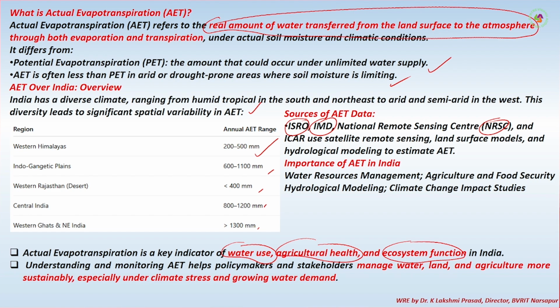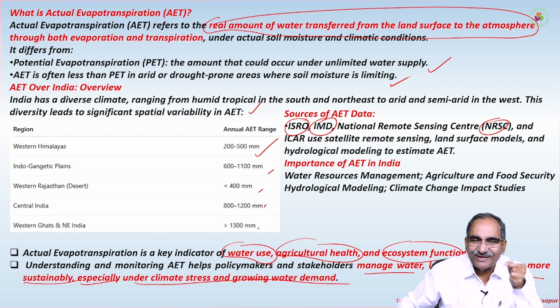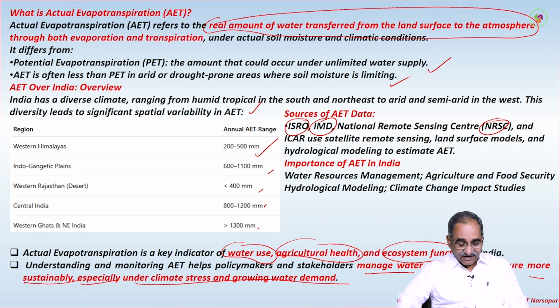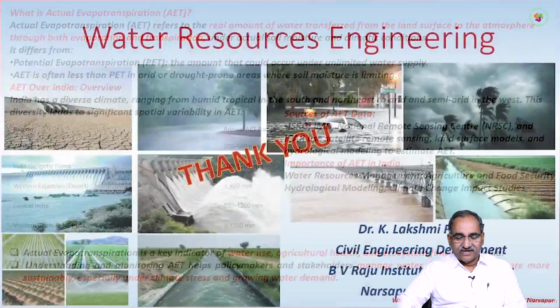Understanding AET is required to manage water, land and agriculture more sustainably, especially under climate stress conditions. AET is more important under water stress conditions, whereas PET is naturally the maximum evapotranspiration that can occur. So differentiation of these two is very important.